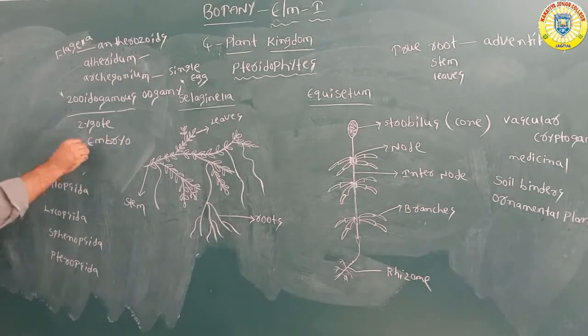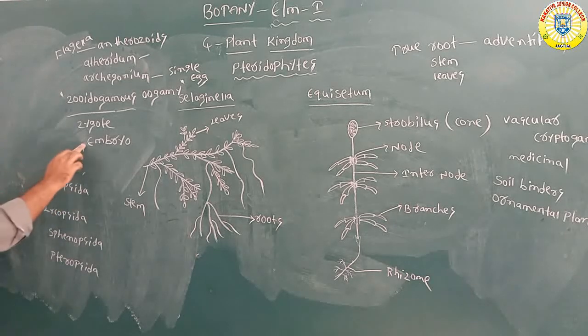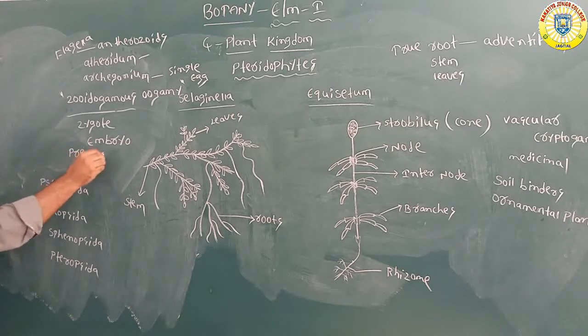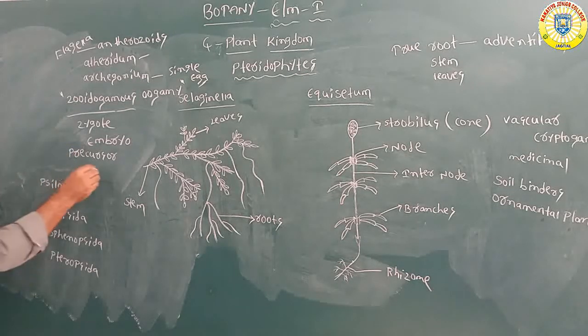The formation of the embryo is an important step, an important evolution in the plant kingdom. The embryo is the precursor of the seed. Precursor means that from the embryo only, seeds will develop.